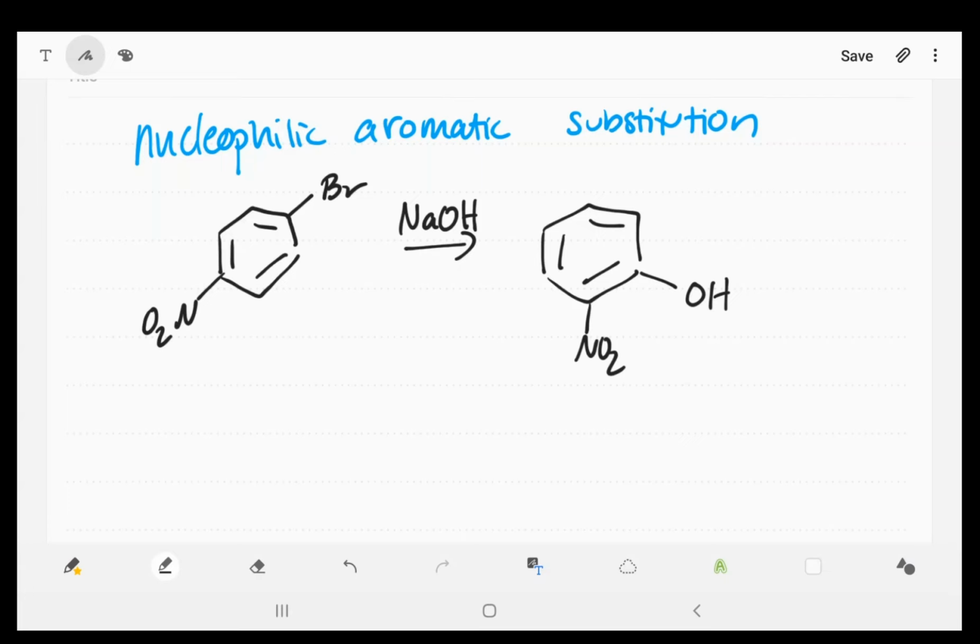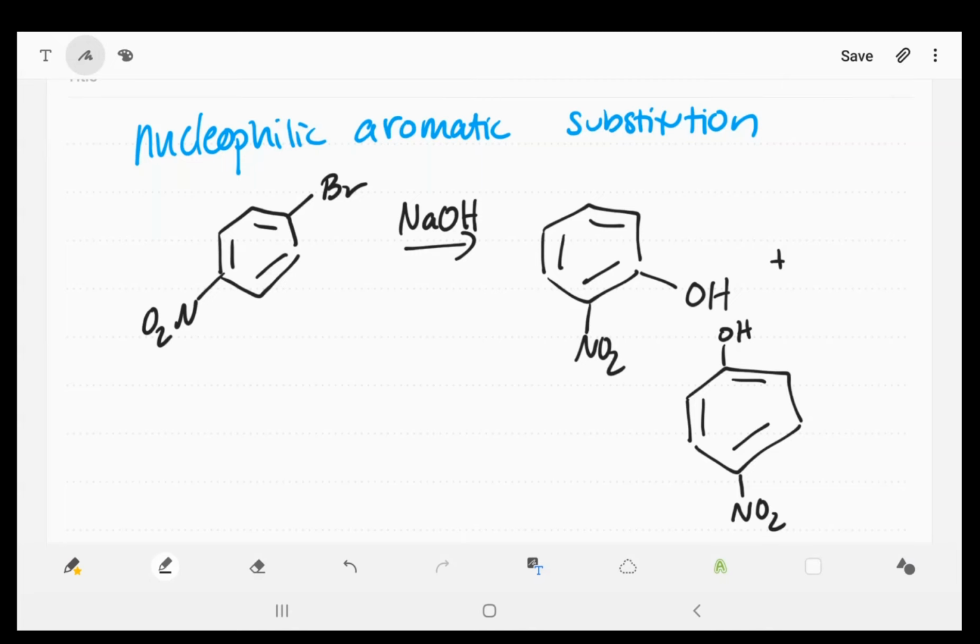So we're going to end up with nitro groups or ketones or whatever electron withdrawing things we have, and we're going to get our substituents to be either ortho or para to our electron withdrawing group. Note it's the opposite effect of electrophilic aromatic substitution.